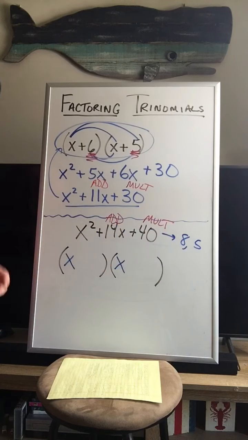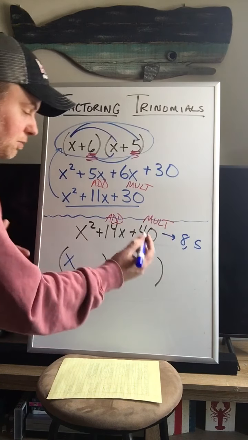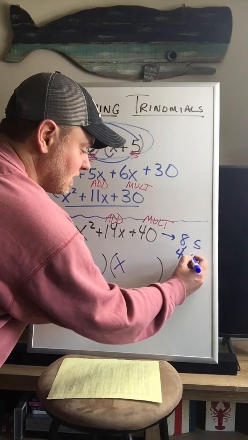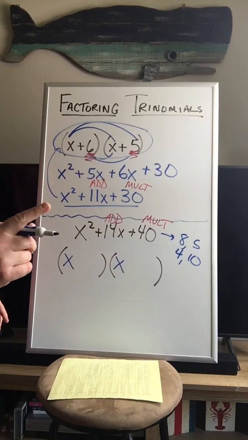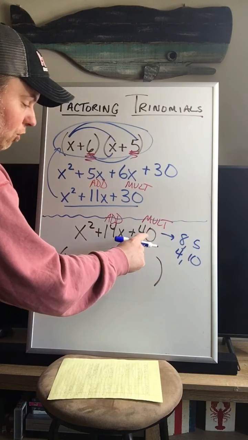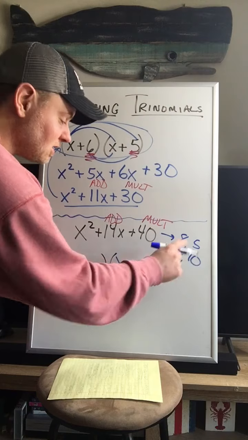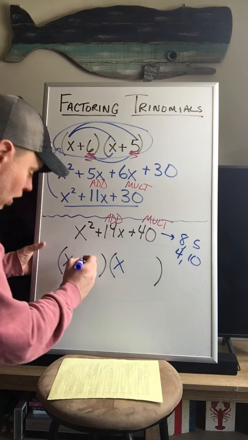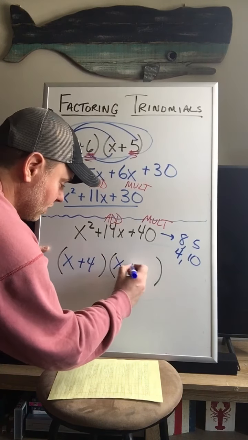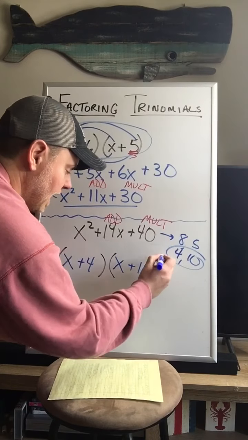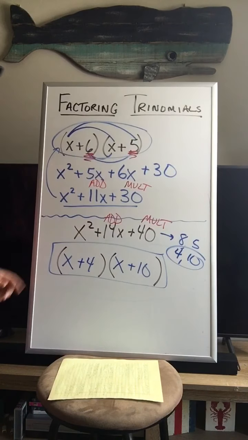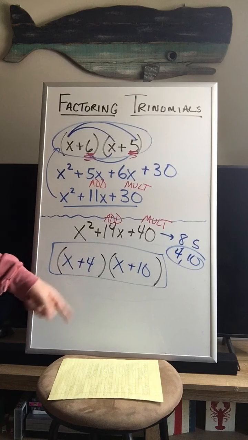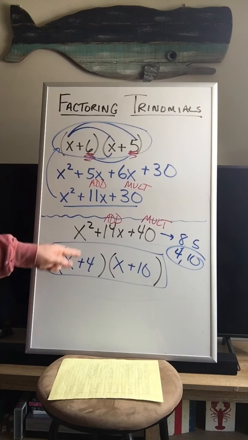But those don't add up to 14. And then what else multiplies to 40? How about 4 and 10? 4 times 10 is 40, and 4 plus 10 is 14. So those are the correct numbers, the 4 and the 10. And those would be the correct factors for this polynomial: x plus 4 and x plus 10.